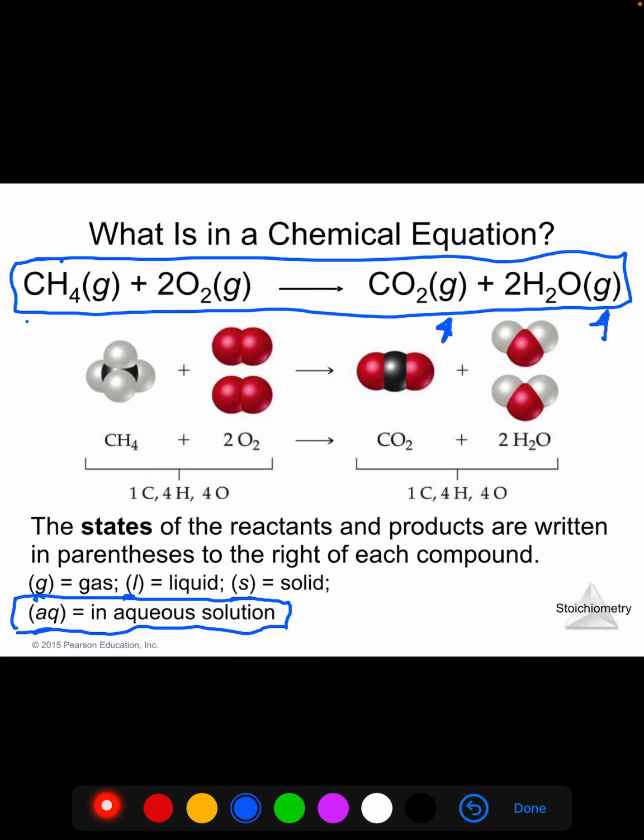So aqueous chemistry is going to become very important to us. Plus, in the laboratory, you've seen chemists, they're always moving test tubes around and they dissolve stuff in water and then react it. That's a very common chemical tool, besides the fact that it's important to life and biochemistry.